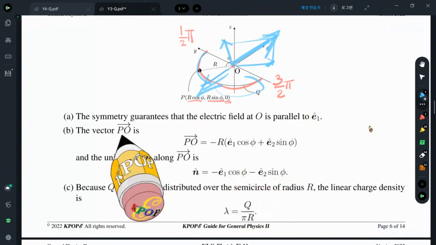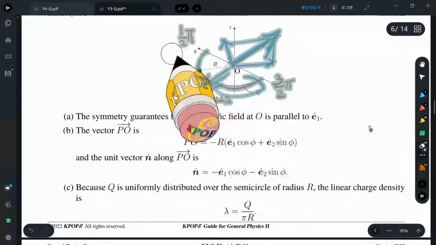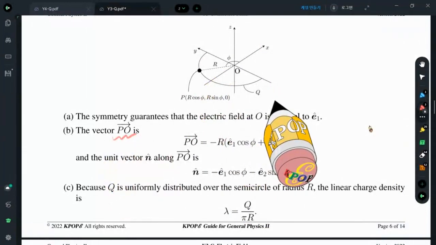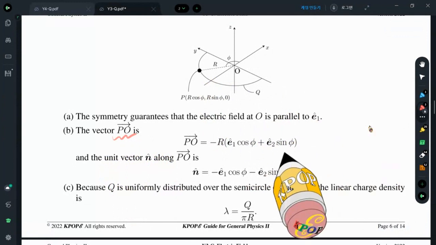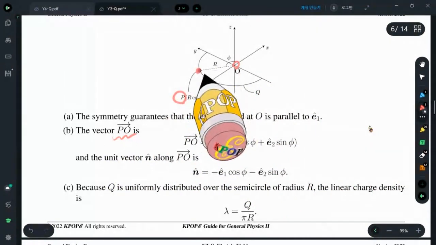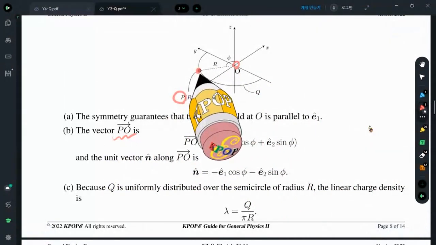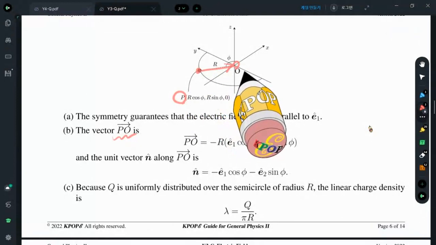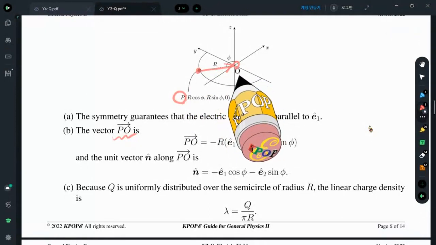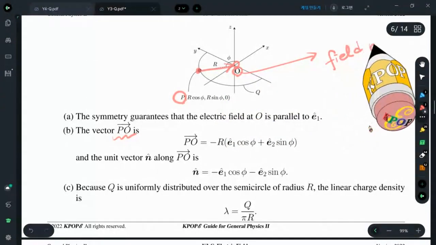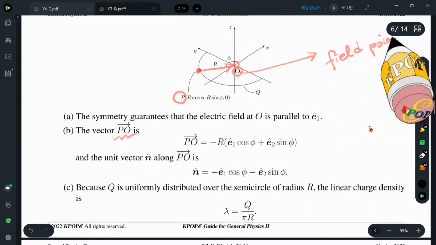Okay, a vector PO. Where is PO? From this point P where the electric charge is placed to the point O, we are computing the electric field at point O. So O is the origin and this is a field point at which we measure the electric field.